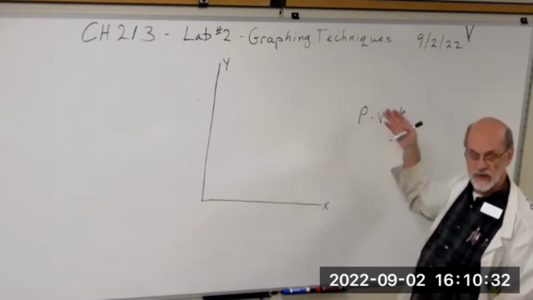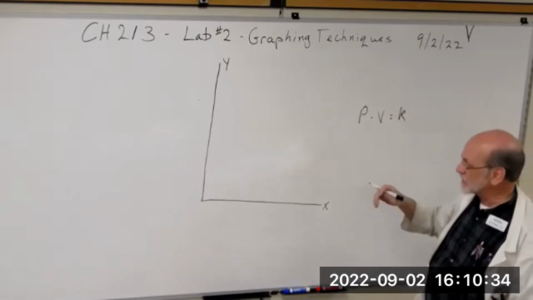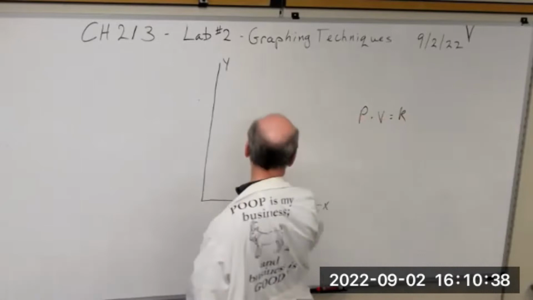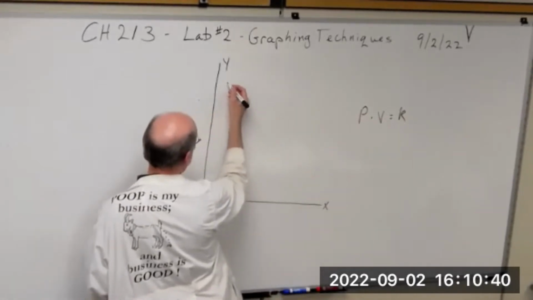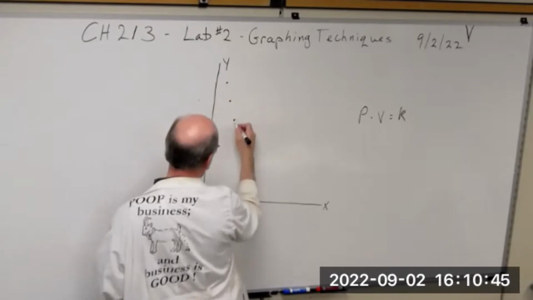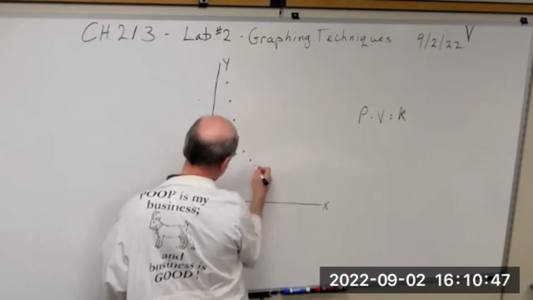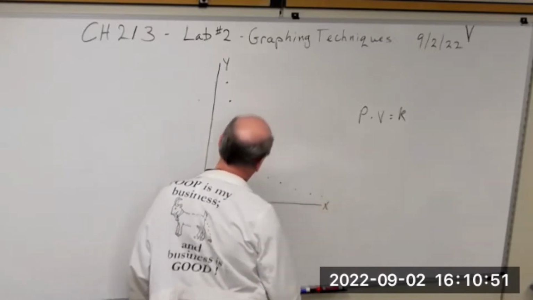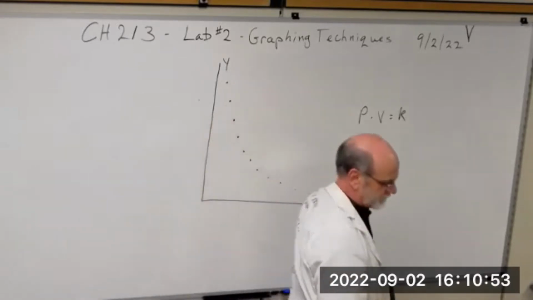If that goes down, this has to go up. So that means that we're going to have a negative slope, except for this particular plot, it's going to look more like this. It's going to curve like that.